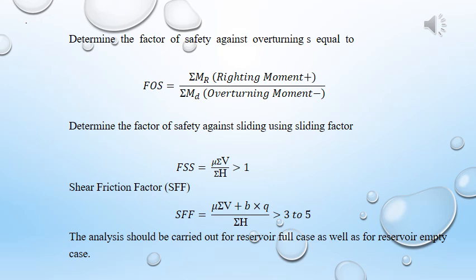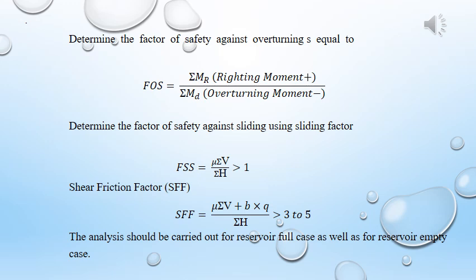So, the factor of safety against overturning, that is the FOS, is the summation of the righting moment, that is the anti-clockwise moment, also known as the resisting moment, divided by the summation of M D, the overturning moment. So, this is the clockwise moment, and that should come out more than 2, or 2 to 3. Then the dam is safe against overturning.